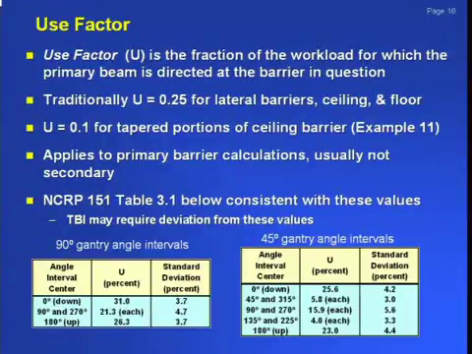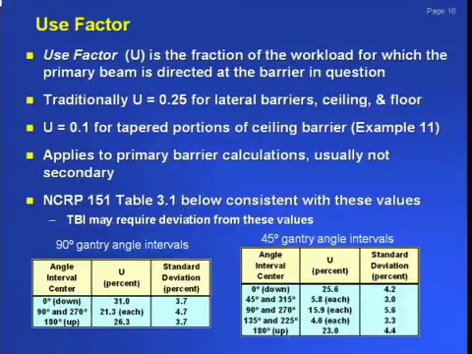Well, in reality, we probably do at least 45-degree increments. So the more refined calculation is actually to do your shielding calculations, particularly for your ceilings, in 45-degree increments, so that you may be able to reduce the shielding and not overshield that ceiling.